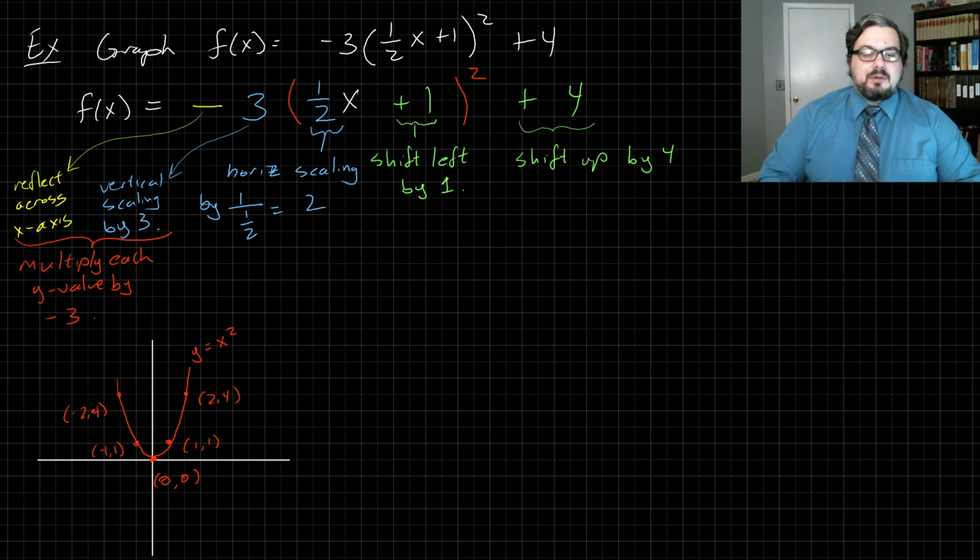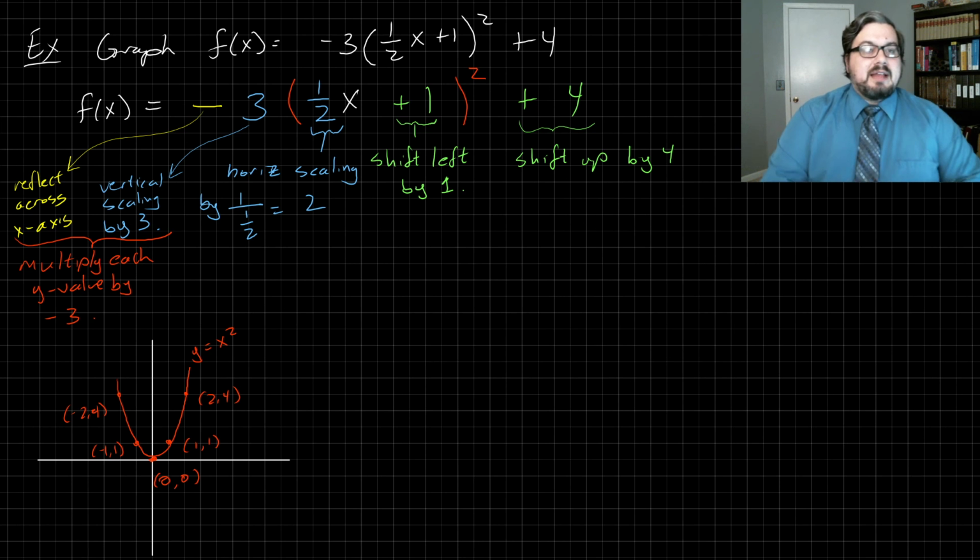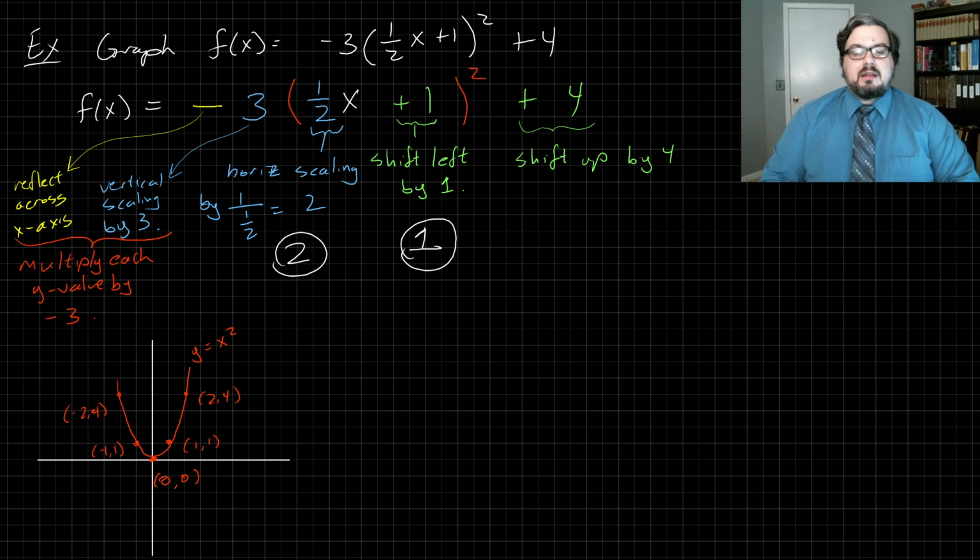So here's our original. When we apply our transformations, I like to work from the inside out. I do all my horizontal transformations first, then I'll do all my vertical ones. Now remember, we have to do them in the correct order. Inside the function, the horizontal transformations go in opposite of order of operations order, which means that we're going to do our shift with the plus 1 before our scaling involving a multiplication by 1/2.